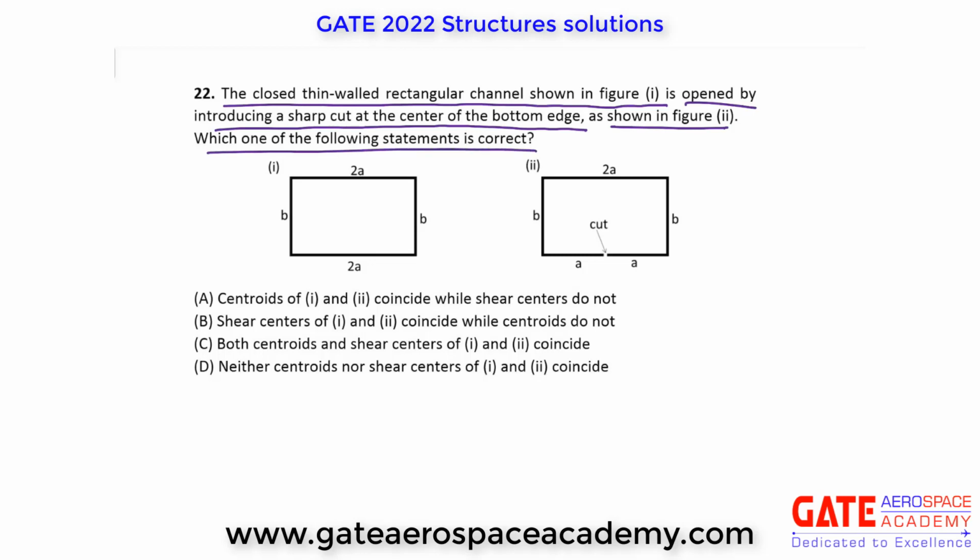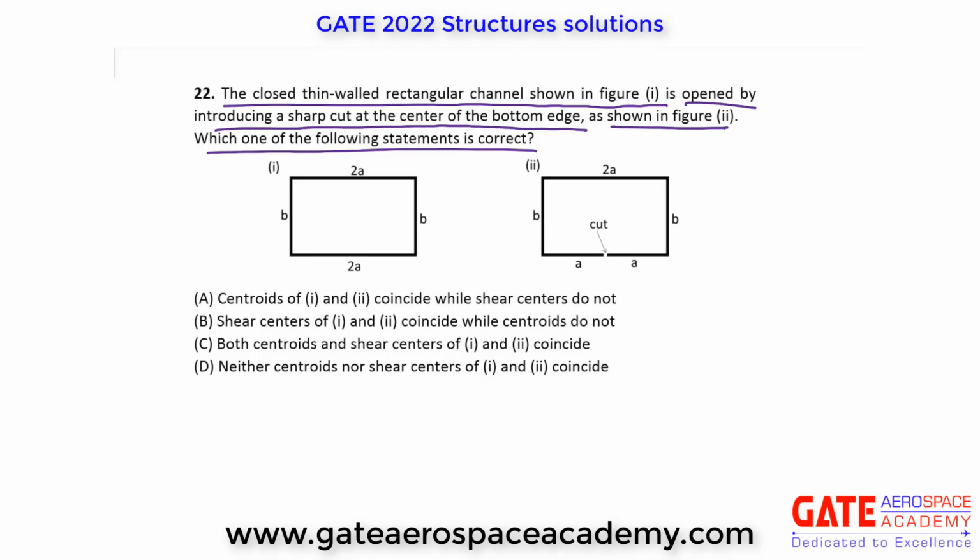Option A, centroid of 1 and 2 coincide while shear centers do not. Option B, shear centers of 1 and 2 coincide while centroids do not. Option C, centroids and shear center of 1 and 2 coincide. Option D, neither centroids nor shear center of 1 and 2 coincide.